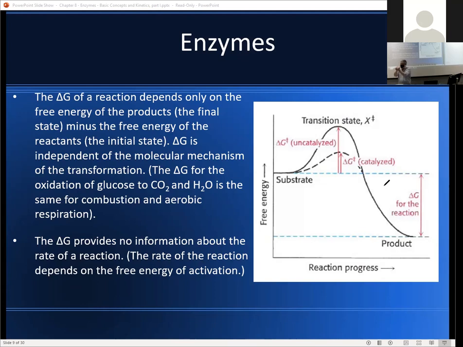Also, when an enzyme binds to its substrate, the shape of the enzyme changes a little bit, and the shape of the substrate changes as well. So the enzyme is going to distort the shape of the substrate, and the shape of the enzyme is going to be distorted a little bit too. This puts stress on existing covalent bonds in the two reactants. That makes it easier to break existing covalent bonds and to form new ones.